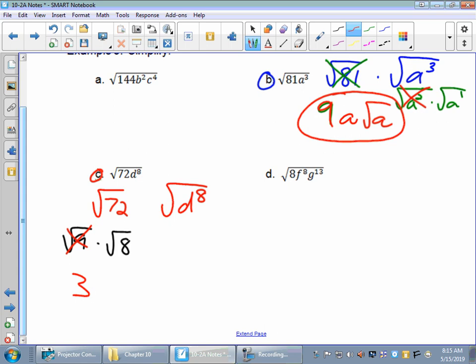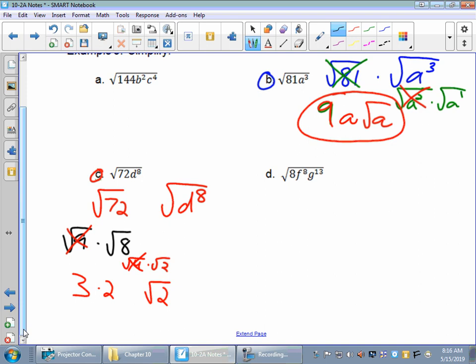And then we still have to do some work with that square root of 8 here, because now we know this is the square root of 4 times the square root of 2. And then we have a perfect square here that makes 2. And we still have that square root of 2 that we can't do anything with. We drop that down there. Now let's take care of the d over here.